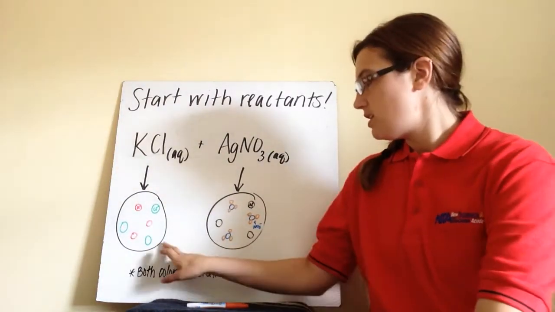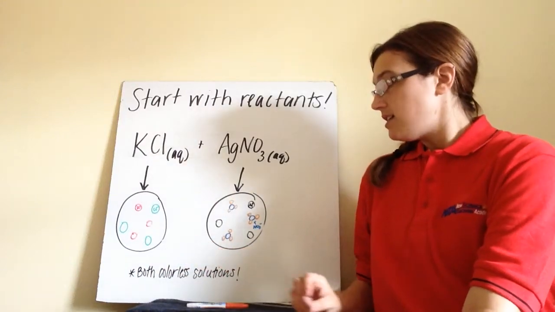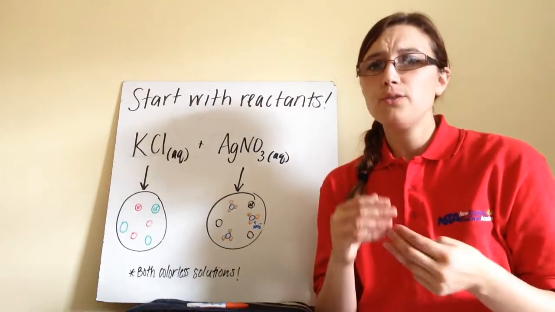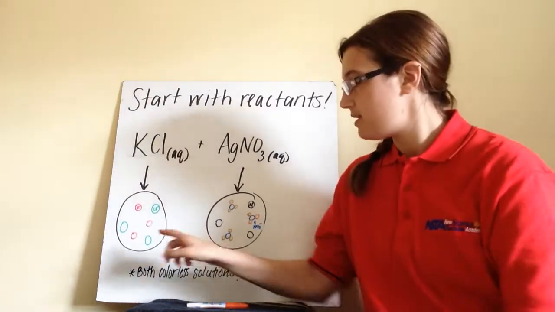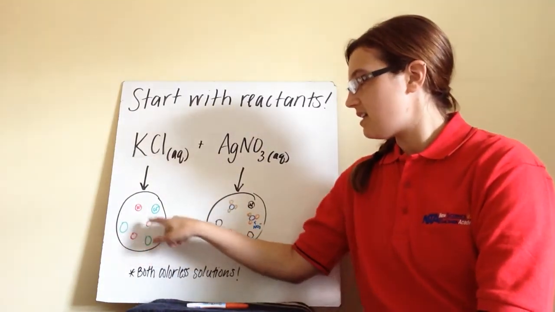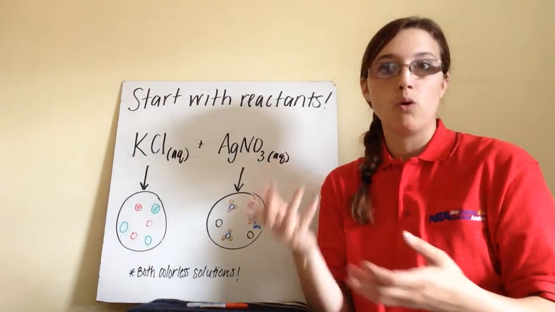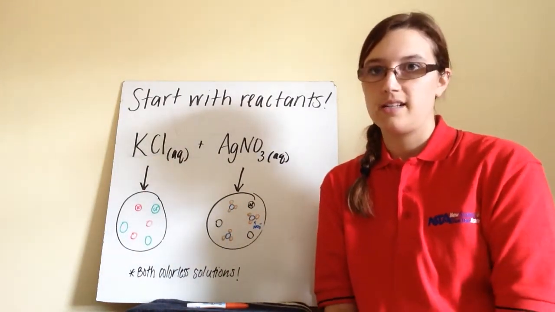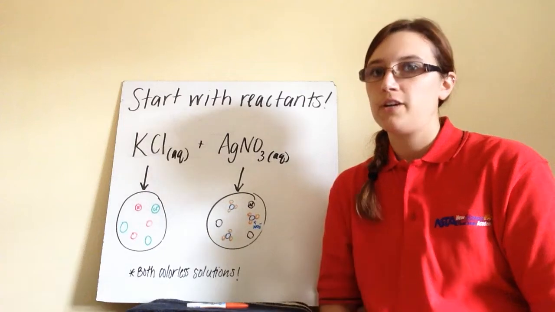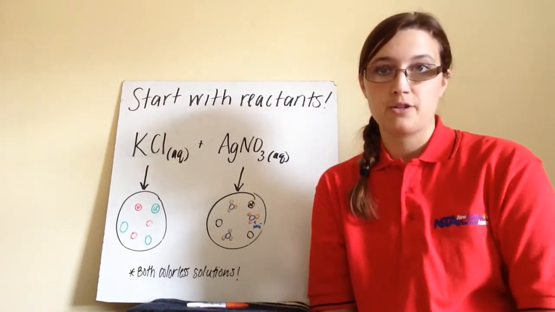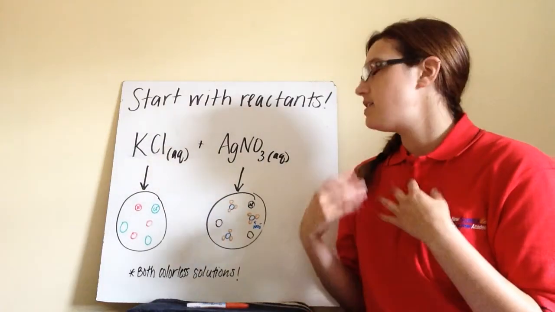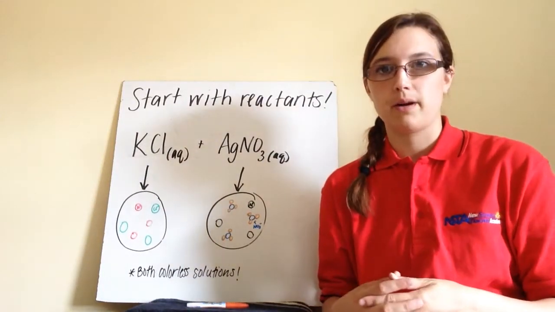Now, if you notice, with each of these diagrams, I drew 3 K+ ions, 3 Cl- ions. So what that means is I would have 3 moles, 3 molecules of KCl. Now if you look at the silver nitrate container, you also have 3 silver ions and 3 nitrate ions. Now why do you think it's important that I drew the same number?